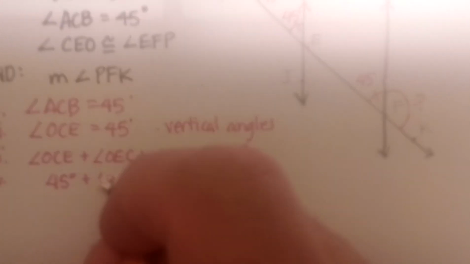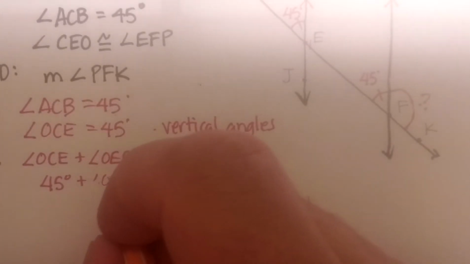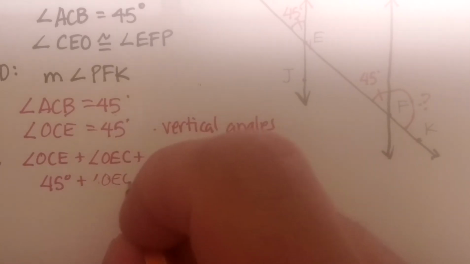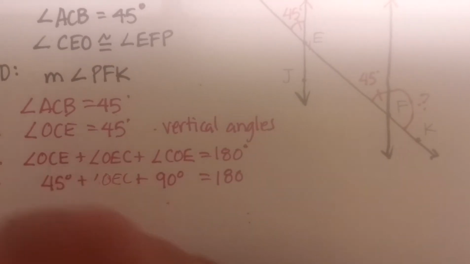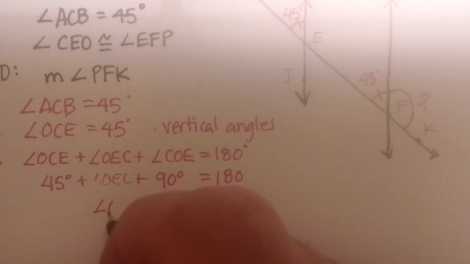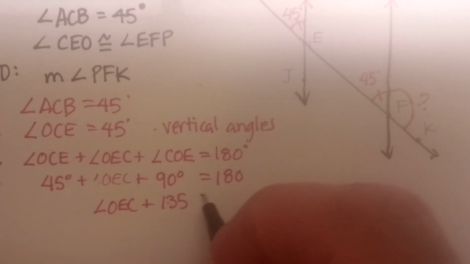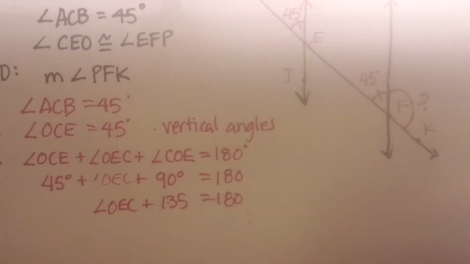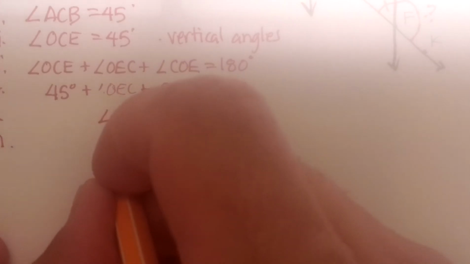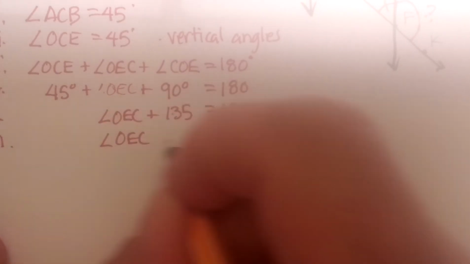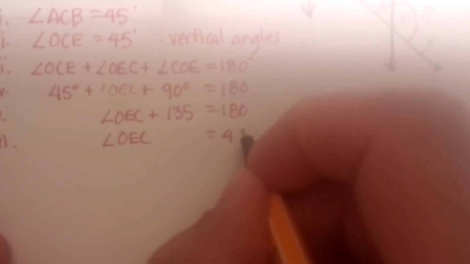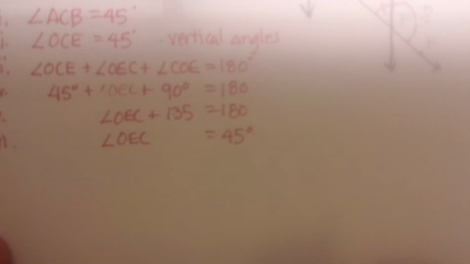So I'll just say angle OEC. This gives me OEC plus 135 equals 180. Step 6. Therefore, angle OEC is equal to 45 degrees.